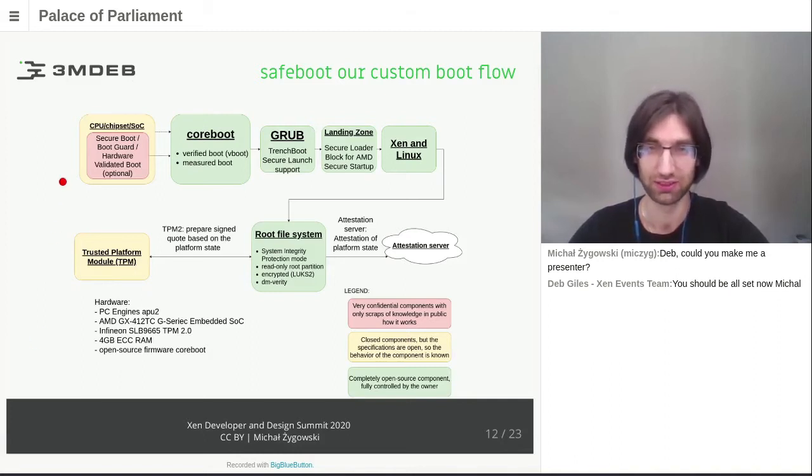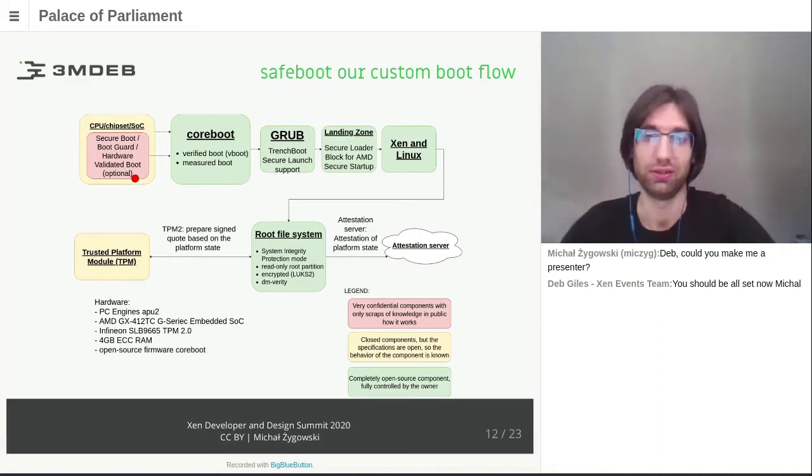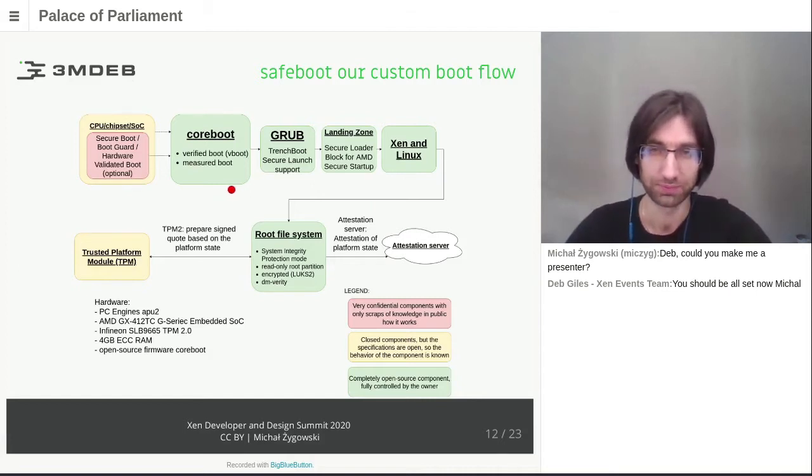We also have this CPU, chipset and SoC, which is not always trusted, or rather we don't always know what's inside, and this is the red block. We can have hardware validated boot, for example. And then we have coreboot.